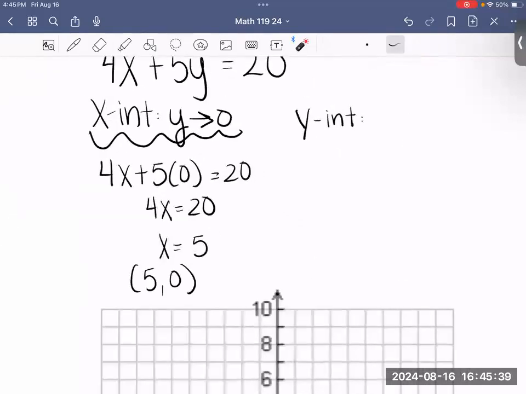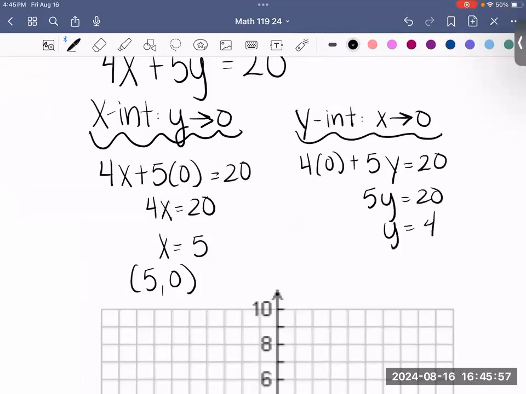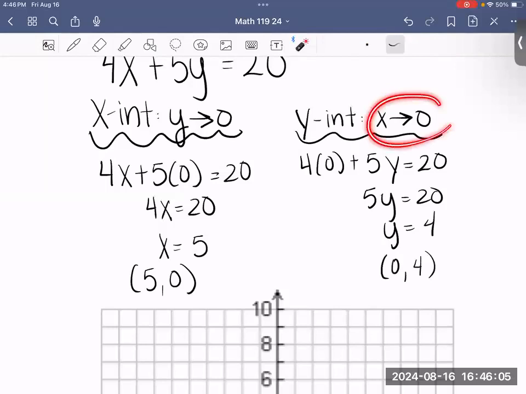So instead of having y set equal to 0, we're going to set x equal to 0. So 4 times 0 plus 5y is equal to 20. 5y is equal to 20. y is equal to 4. So (0, 4), 0 coming from, hey, this is your x coordinate.